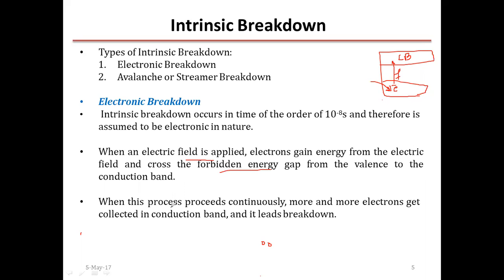When this process proceeds continuously, more and more electrons get collected in the conduction band, and it leads to the complete breakdown. From just one electron jumping, the breakdown will not occur, but if this process continues and more electrons get energy from the external electric field, these electrons will be able to jump to the conduction band, and ultimately the breakdown will occur.